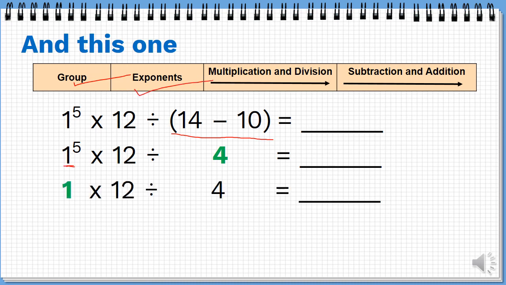And 1 times 1 times 1 times 1 times 1 will still give us 1. So 1 times 12 divided by 4. Do we have multiplication and division? Yes, we have a multiplication here and we have division. So we are going to work from left to right. 1 times 12 is 12, and then 12 divided by 4, the answer is 3. Very good.